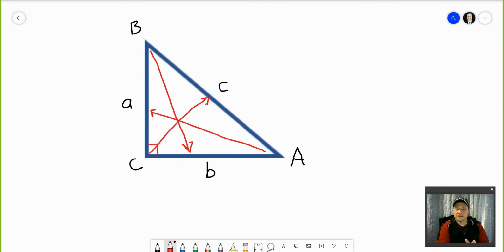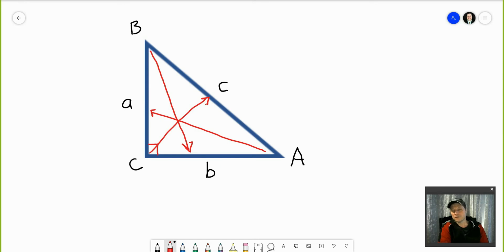This doesn't change. Angle A is always opposite side A, angle B always opposite side B, and the hypotenuse is always opposite the right angle.